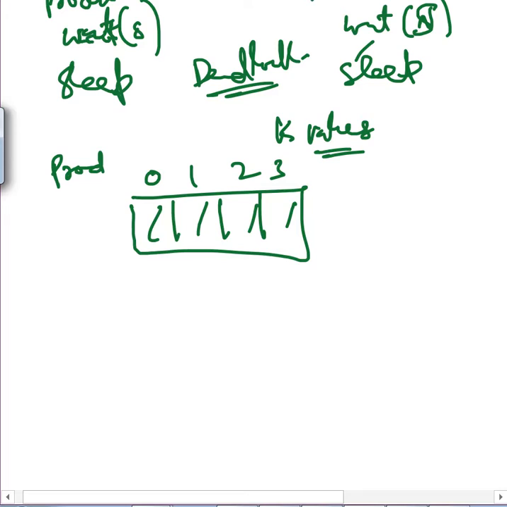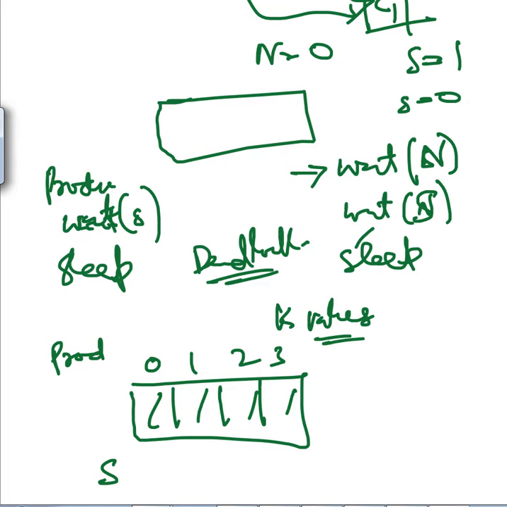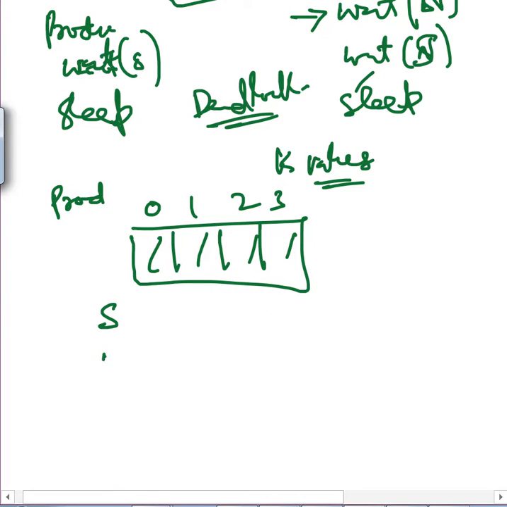So what will the producer have to do? We had firstly the S semaphore for mutex, used by both producer and consumer to lock the buffer. And then we have another semaphore, N, to see if something is there or not, used by the consumer.